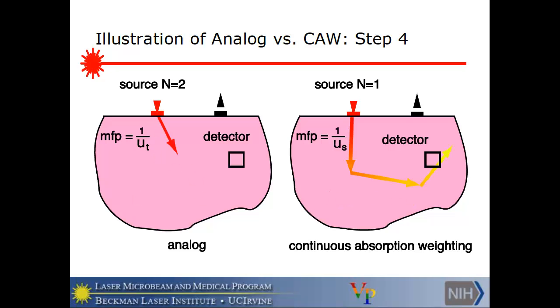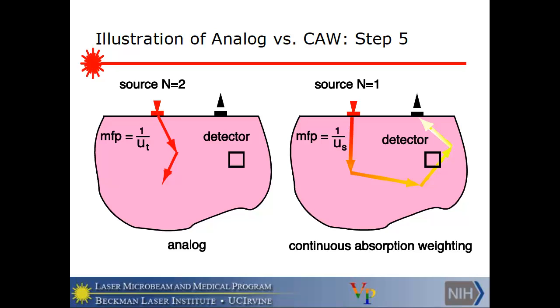So already at step 4, you've introduced a new photon, n equals 2, launched from the source, whereas you're still working on the original photon here, which has changed direction and gotten to this point, and we'll make a success out of this weighted photon, so it gets captured by the detector.